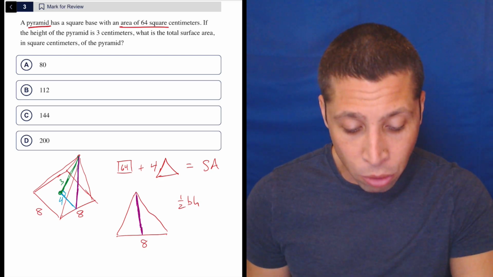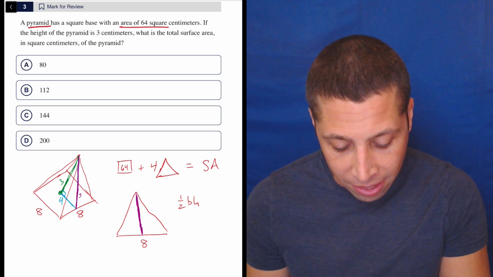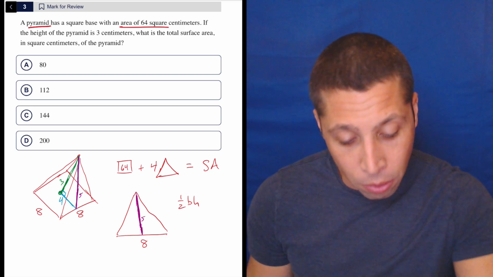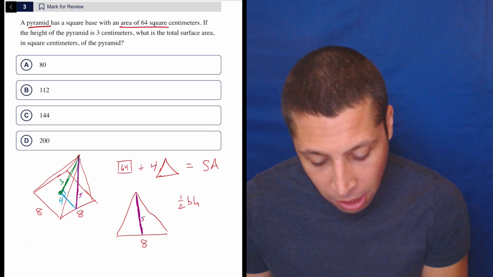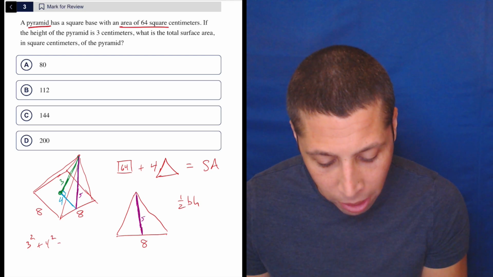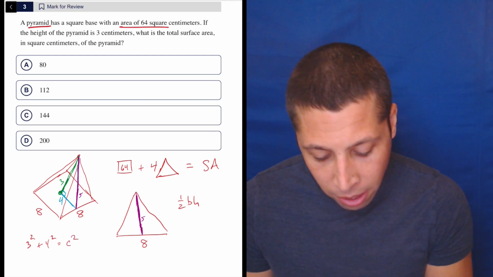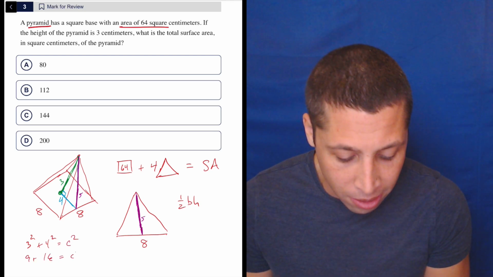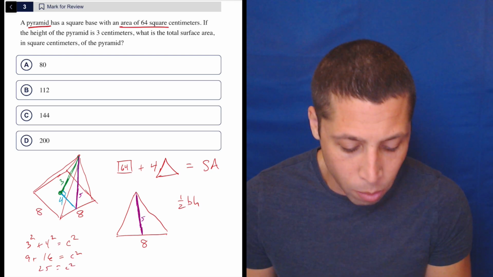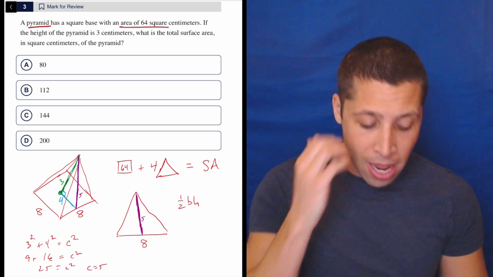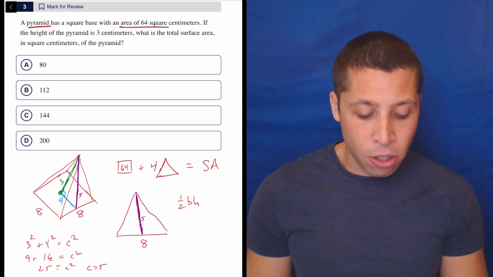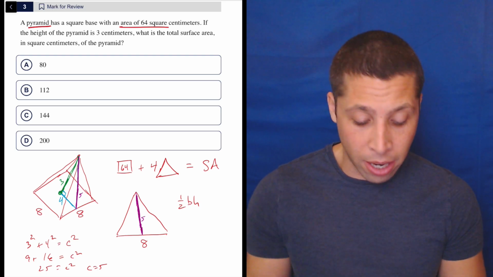So without doing Pythagorean theorem, we can realize that this height is 5. Again, if you really wanted to, it would be 3 squared plus 4 squared equals c squared. That's 9 plus 16 is c squared. 25 is c squared. C is 5. Done. So now we have everything we need to do the basic formula for an area of a triangle.